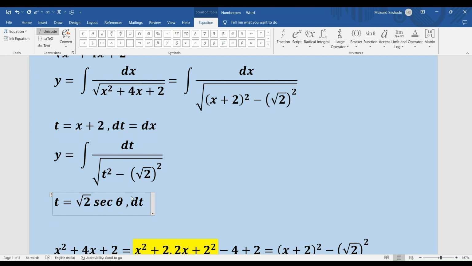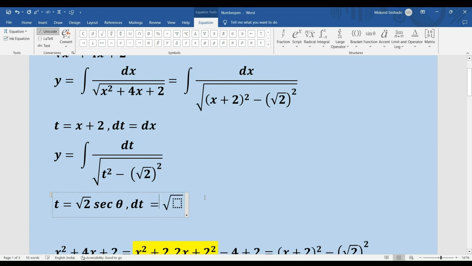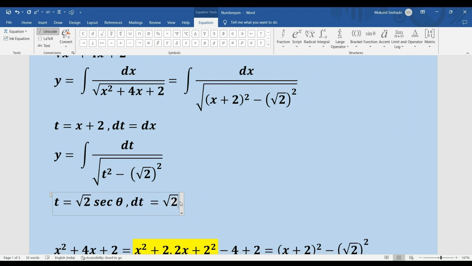So my t equals root 2 secant theta, which means my dt equals root 2 times secant theta tan theta d theta, right? I expect you to know this from the lessons we had in differential calculus, right? So I have my dt as root 2 times secant theta tan theta d theta, right?